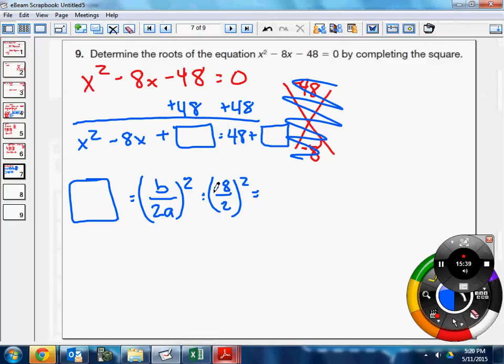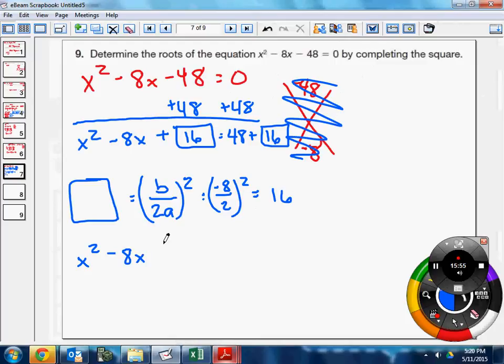Negative 8 divided by 2 is, excuse me, negative 4. Negative 4 squared is positive 16. So this becomes 16 in both of these boxes. If I simplify this down, x squared minus 8x plus 16 is equal to 48, and 16 becomes 64.